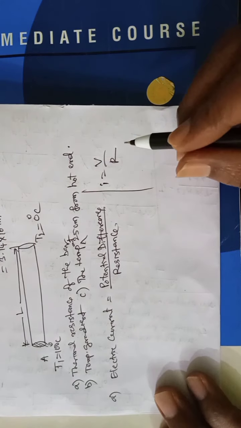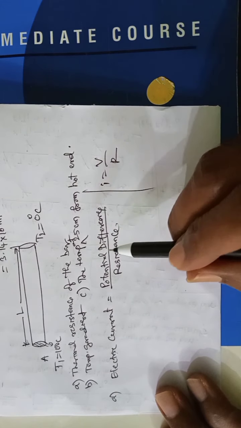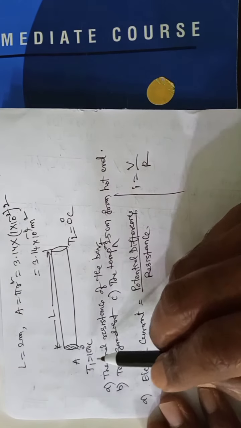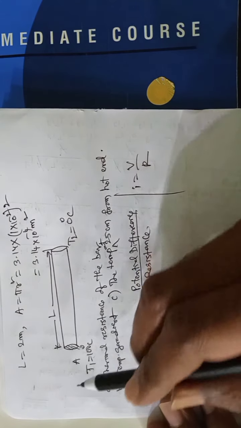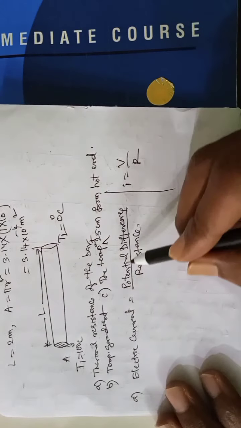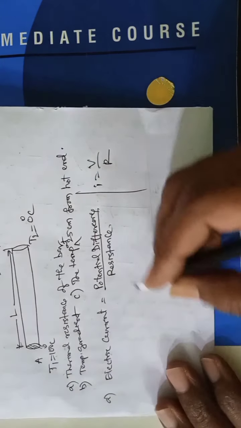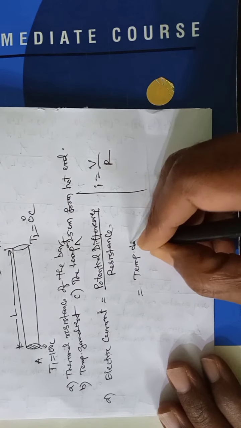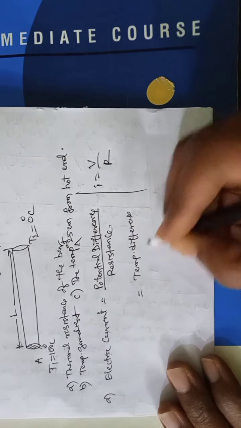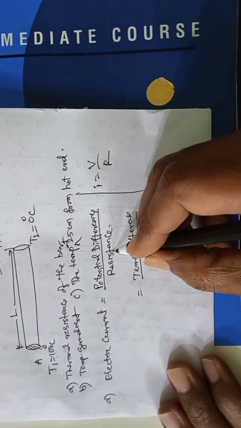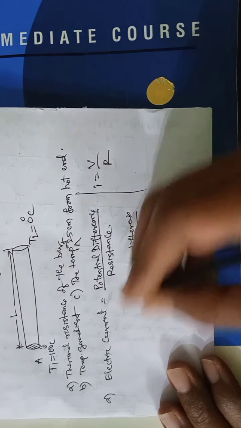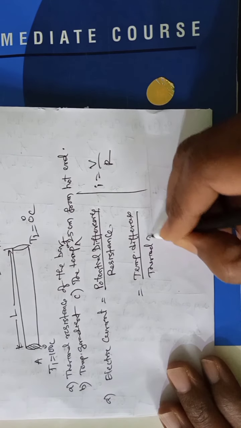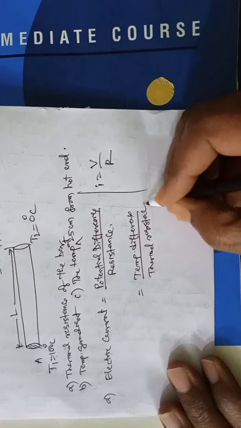So in an electric circuit, because of potential difference only current flows, and here because of temperature difference only heat flows. So in place of potential difference you can write temperature difference, by resistance. Here it is electrical resistance and here it is thermal resistance.